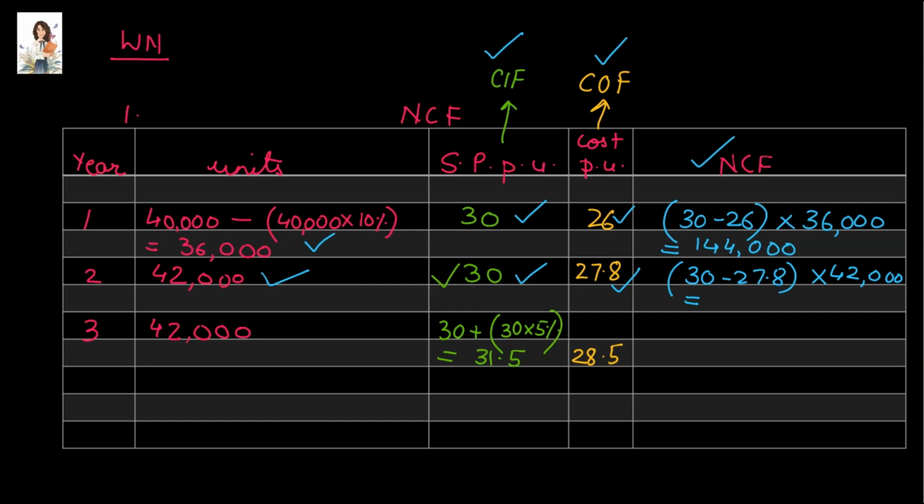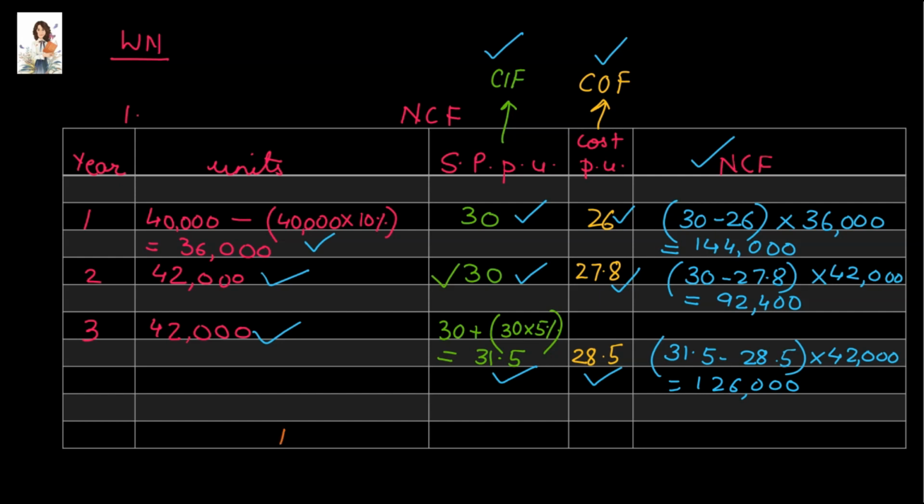Similarly, for year 2, it will be 30 minus 27.8 multiplied by the number of units, that is 42,000. A total net cash flow of $92,400 for year 2. For year 3, it will be 31.5 minus 28.5 multiplied by 42,000 units, which is $126,000.